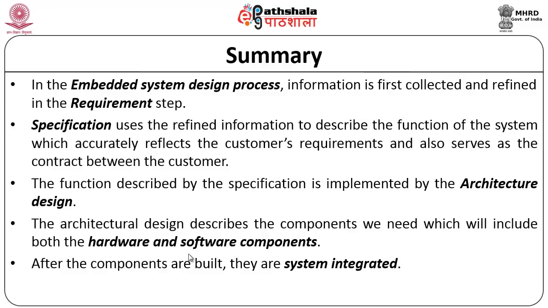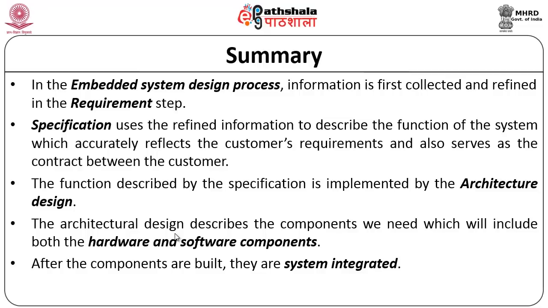In this lecture, we have covered the embedded system design process. In that process, the first thing is the requirements, which have to be collected from the consumer, and the specification, which is an interface between the consumer and the system architect, which we discussed in detail. Then, with the specification, how we make the architecture design for a system.